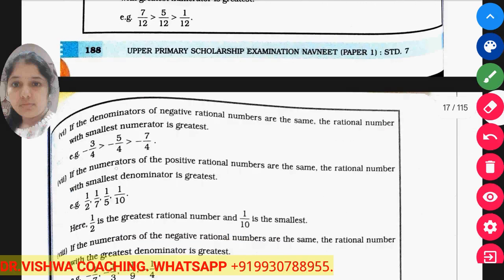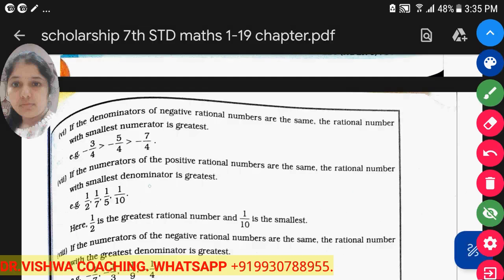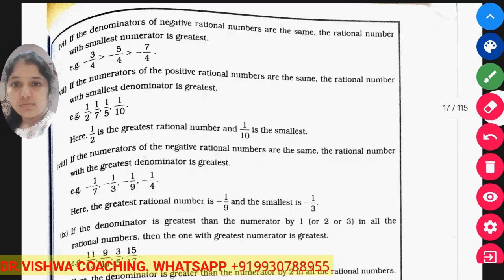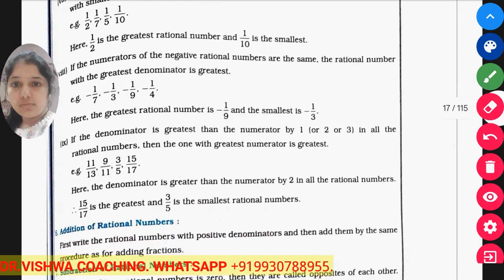The second condition is numerator of positive rational numbers are same. The rational number whose denominator is smallest is the greatest rational number. If numerators are same and negative rational numbers are there, so the greater denominator is the greatest rational number.